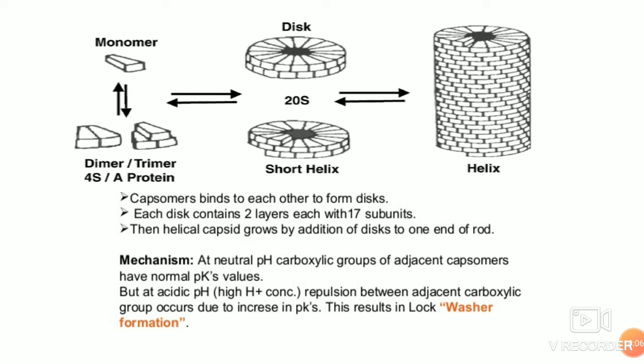So, how does this occur? The assembly is by the formation of the 20S complex. The monomers form dimers or trimers, or 4S A protein, and then they form the 20S complex, that is a disc-like complex.